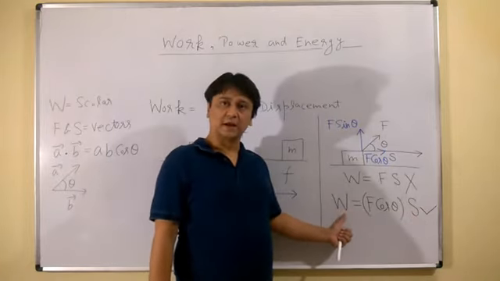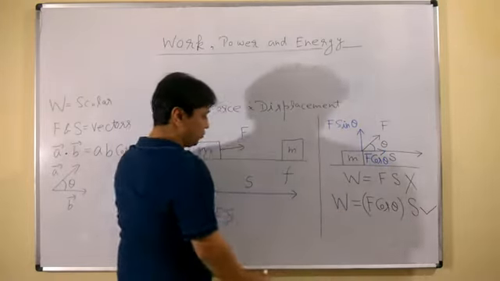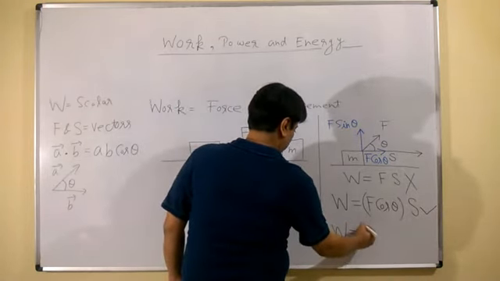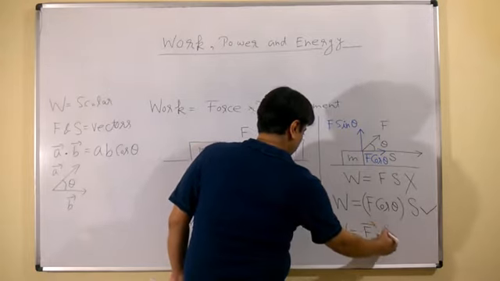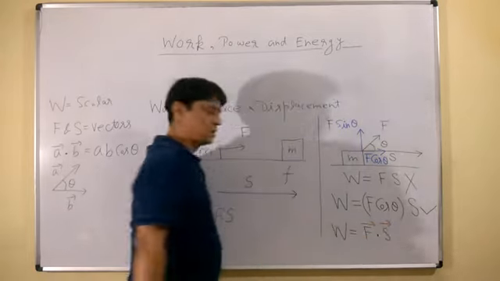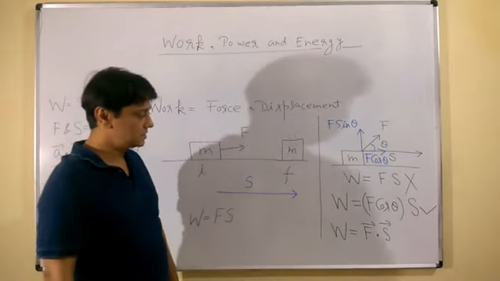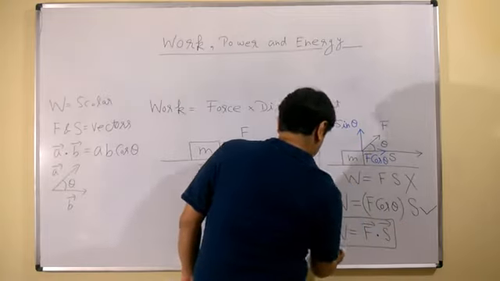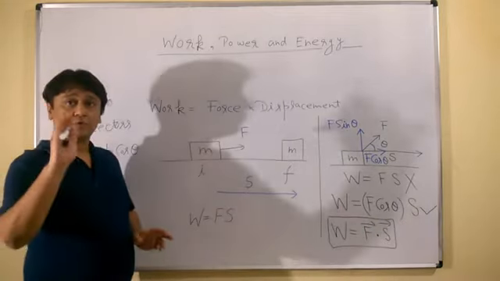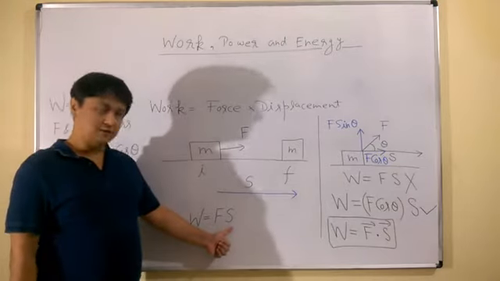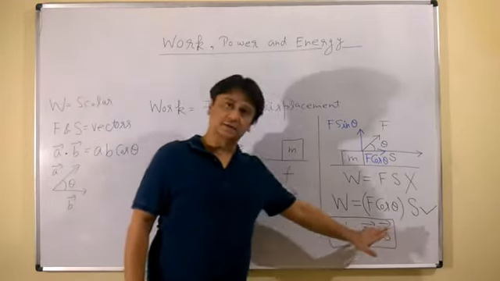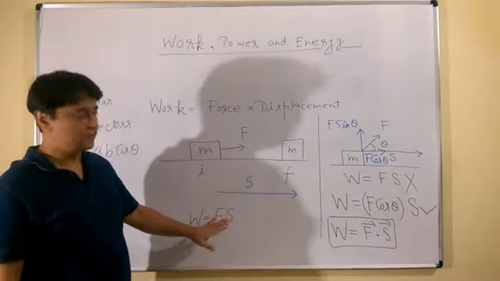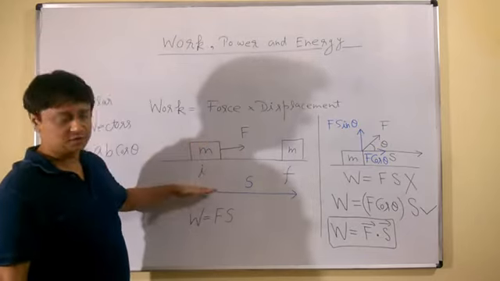Vector, vector, scalar, and therefore we can rearrange work in this form: F dot S, and that's the format which you remember from now on. There is a difference between F into S and F dot S. This part is valid only if the situation is like this.